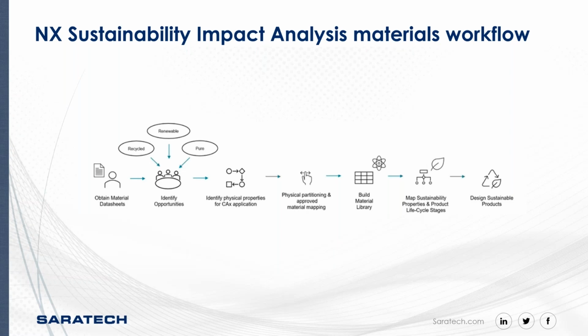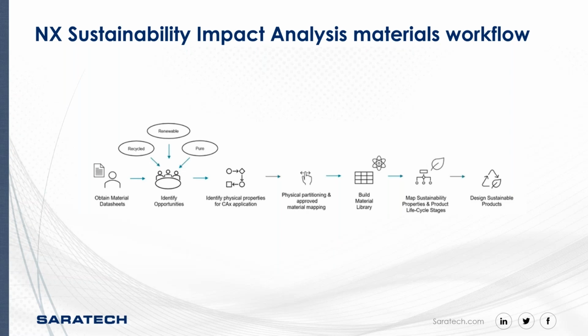In this module, this is what a workflow might look like when you're working with your designers and your materials engineers, right? You would obtain these material data sheets and look at the different opportunities that you have with your stakeholders for which materials could be used that are recycled, which could be used that are renewable, or whether we need to use nominal materials that are more pure.